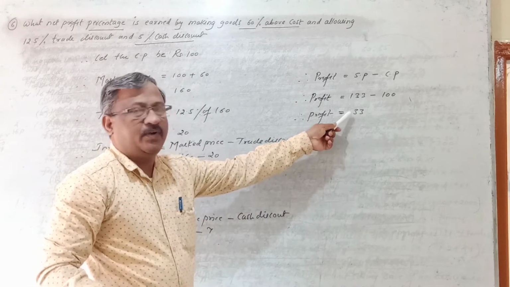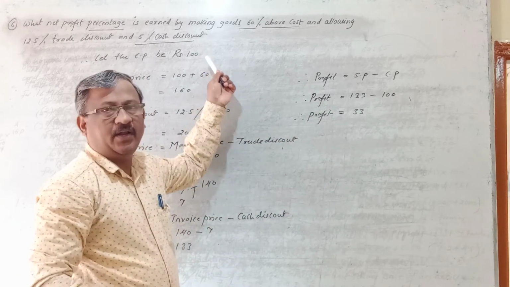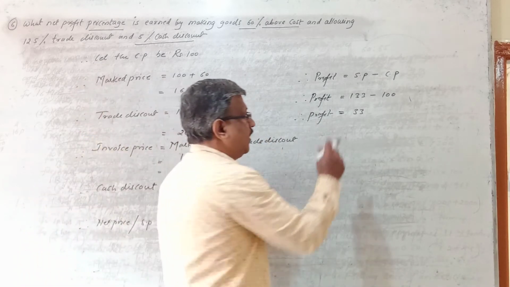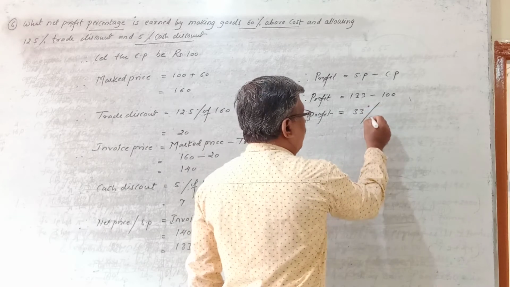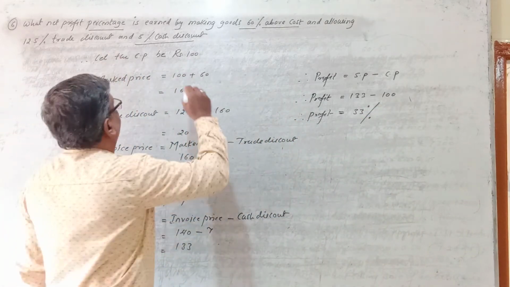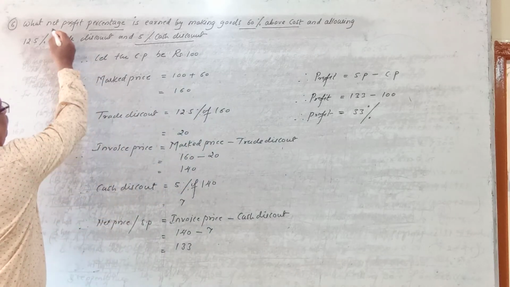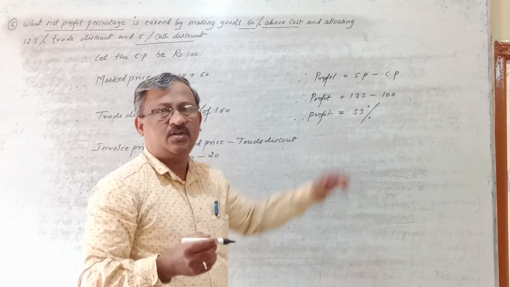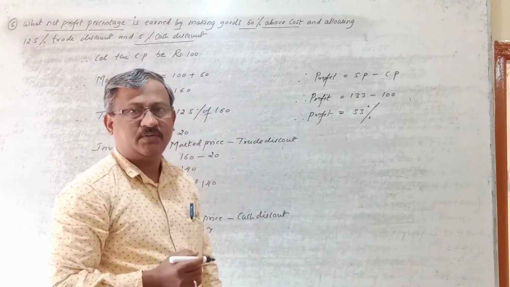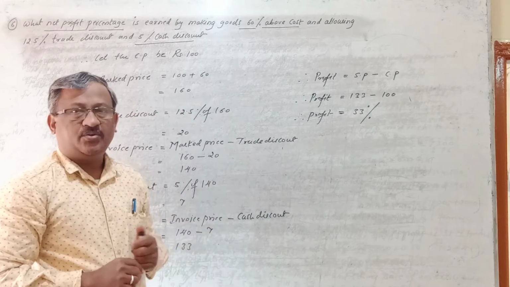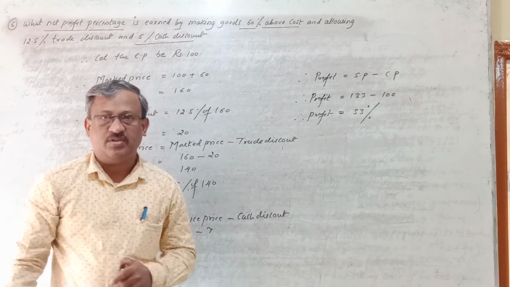So this is the profit earned per 100, and any profit which is earned per 100 we call it what? Percentage. So directly this profit I can express in the form of percentage. That is what I have asked here. Find the net profit percentage. So net profit percentage is how much here? 33%. Clear? So I hope this is clear to you all. So we will take the next sum on this.